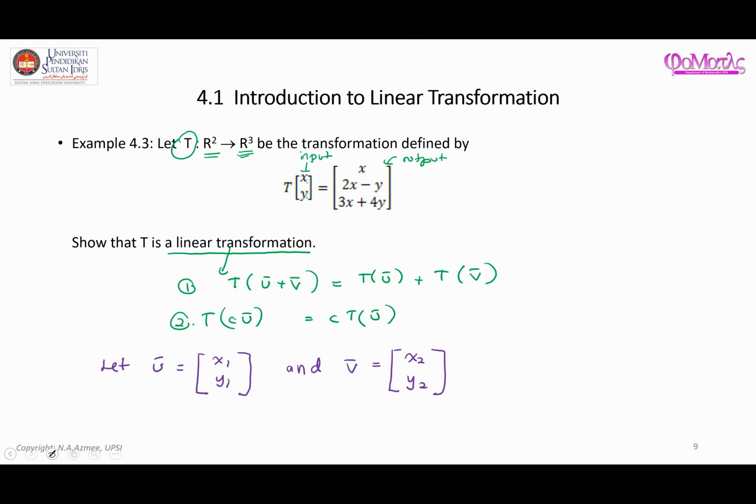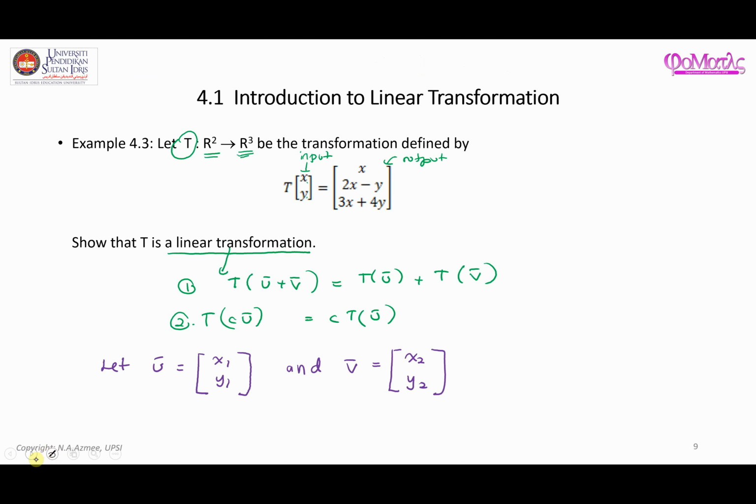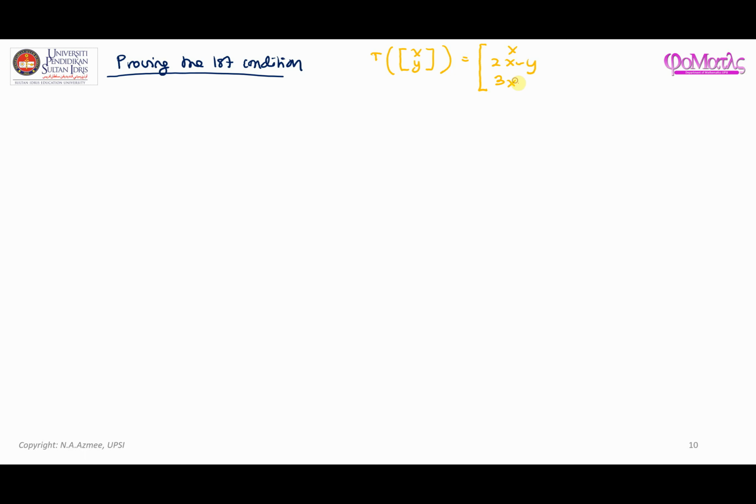So here we have this function given with x and y as the input, and the result is going to be a vector in a space with 3 dimensions: x, x minus y, and here is 3x plus 4y.